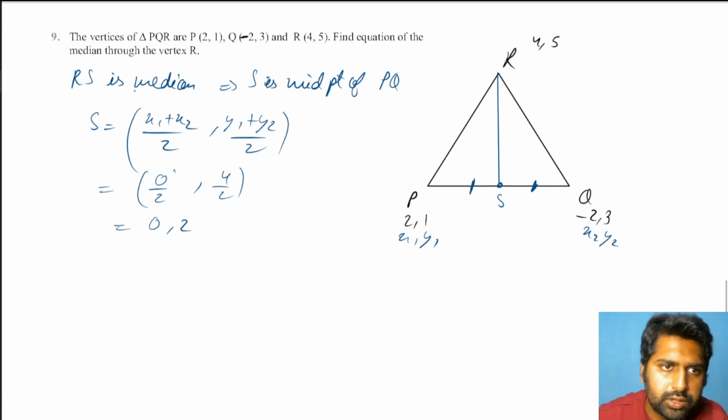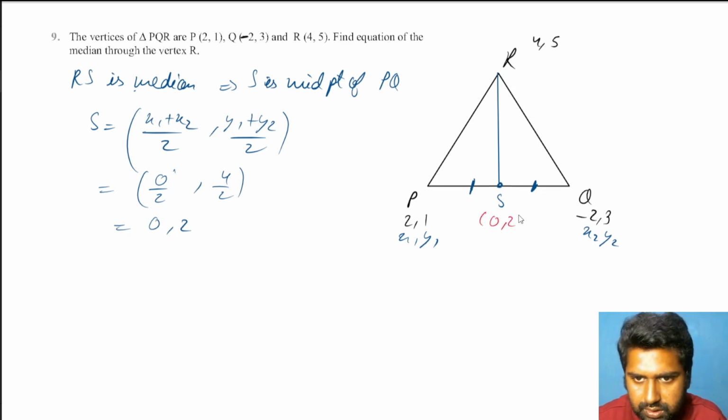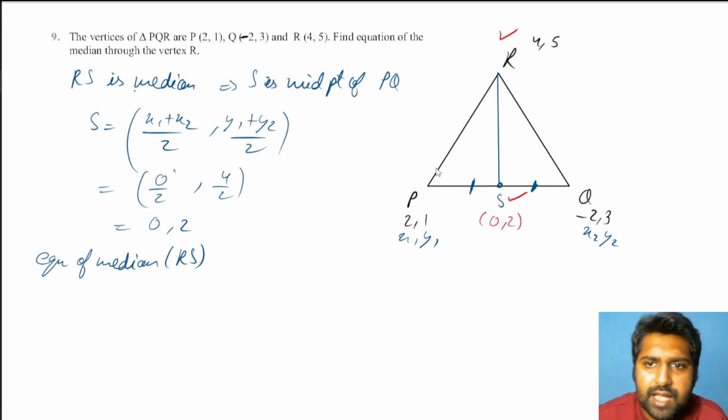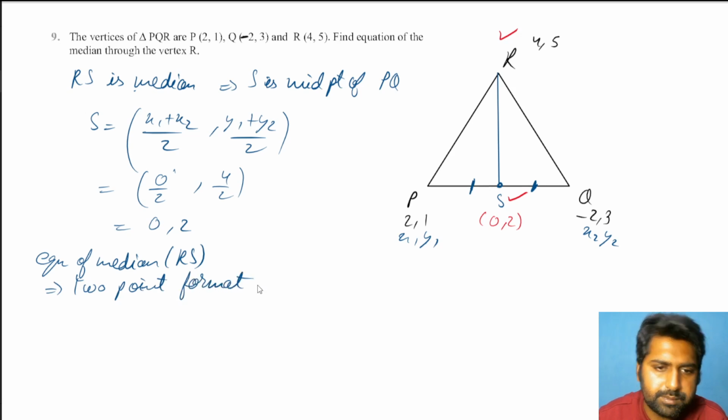We have coordinates for S, we have coordinates for R. We need the equation of RS, the median. So we have 2 points whose coordinates we already know. So what we have to use is the 2-point form, and I told you never do 2-point form from the format. I gave you only steps. Okay, 2-point form.